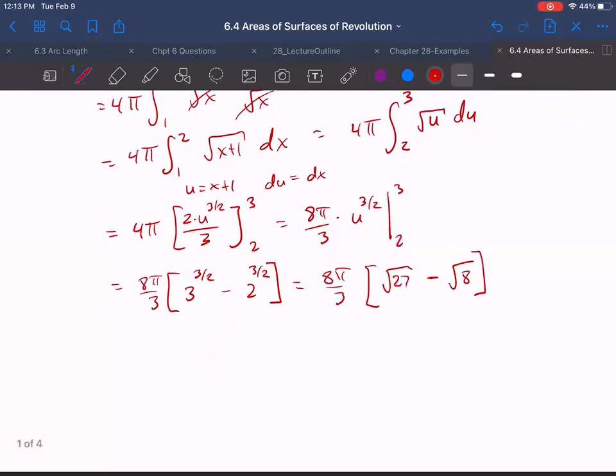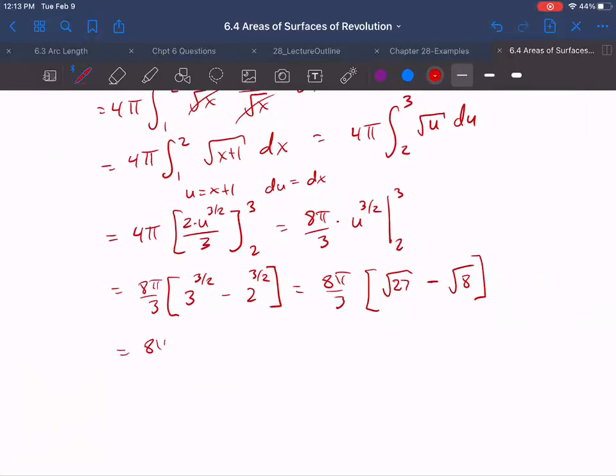I don't know, what do we want to do with this? We can make this 8 pi over 3. We can divide a 9 out of that 27 and give us 3 root 3. We can divide a 4 out of that and give us 2 root 2. Just like that. And I don't know, anything else we want to do there?